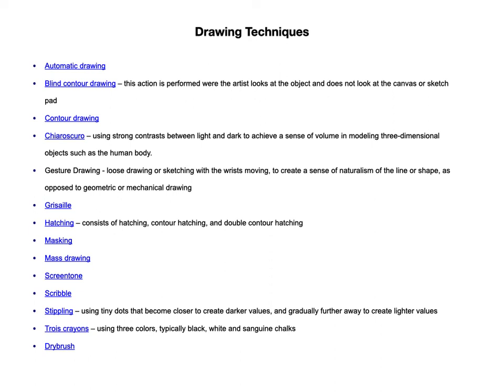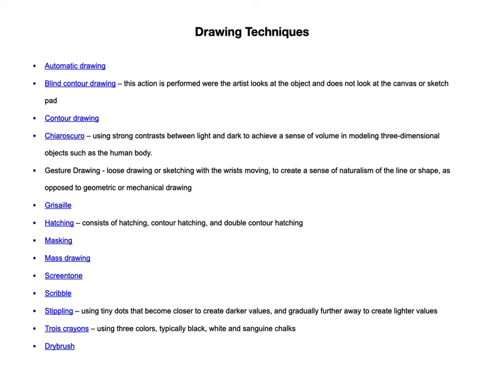Gesture drawing is a loose form of drawing or sketching with the wrists moving to create a sense of naturalism in the line or shape, which is opposed to geometrical or mechanical drawing, which has precision and conveys something very specific.